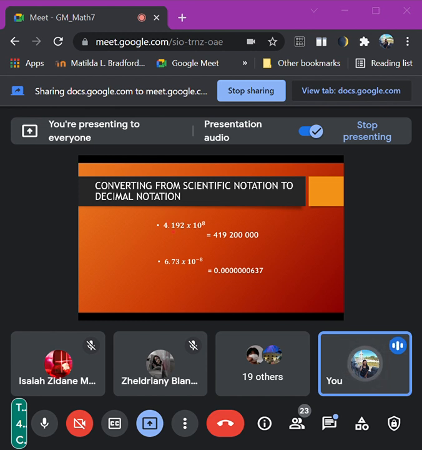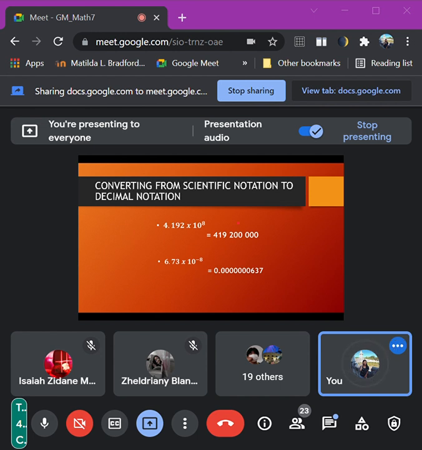So as you can see here, 4.192, so our answer is 419,200,000. We moved it 8 places to the right. 1, 2, 3, 4, 5, 6, 7, 8.